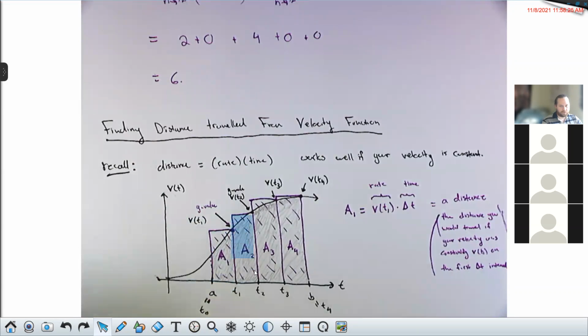And then this is the distance you would go if you were traveling v of t2 for delta t seconds. This is the exact distance you would go if you're traveling v of t3 for exactly delta t seconds, and so on. And by thinking about the limiting case where we use more and more and more rectangles, you see that the exact distance you travel is the exact area under the velocity curve.